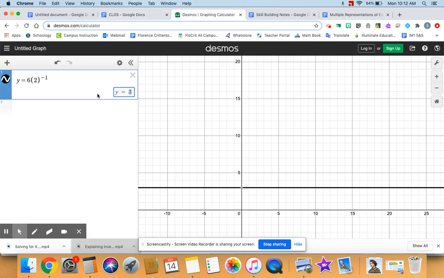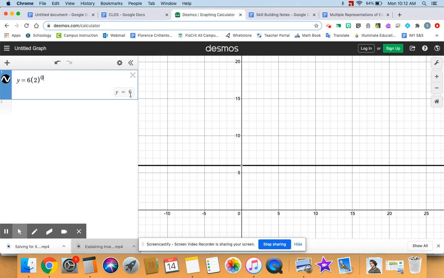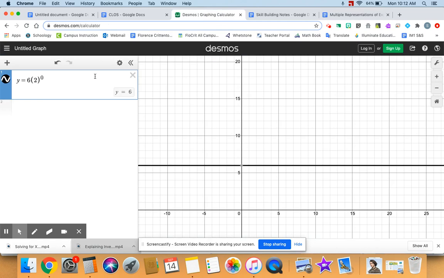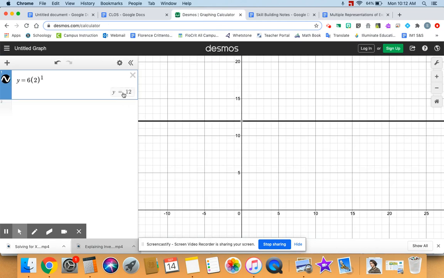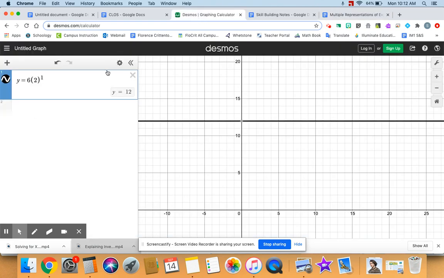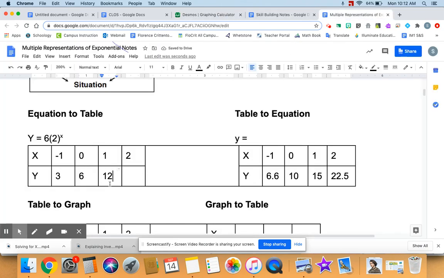If I plug in 0 to that x, I get out the answer 6. Plug 1 into the x, I get out 12. And then if I plug 2 into x, I get out 24. That's how you go equation to table.